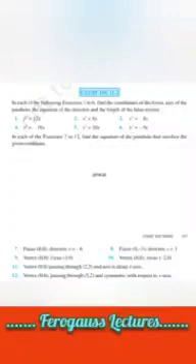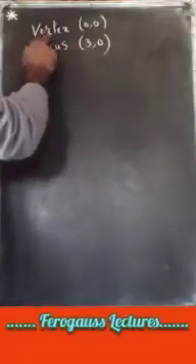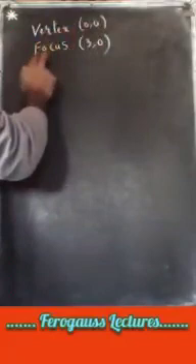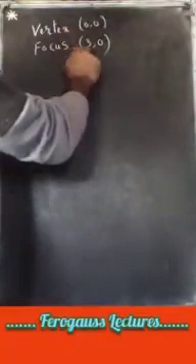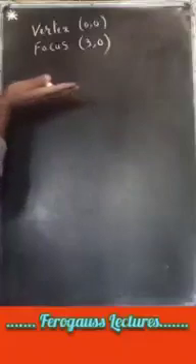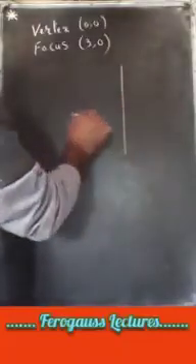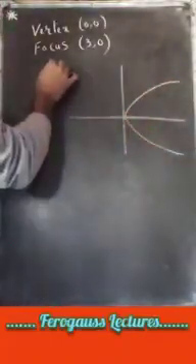Now in our next question, the vertex of the parabola is given as (0, 0), that is origin, and the focus is given as (3, 0). We have to find the equation of the parabola. Since the x coordinate is 3 and y coordinate is 0, therefore the axis of the parabola is along positive x-axis. So it is like this. A is equal to 3.